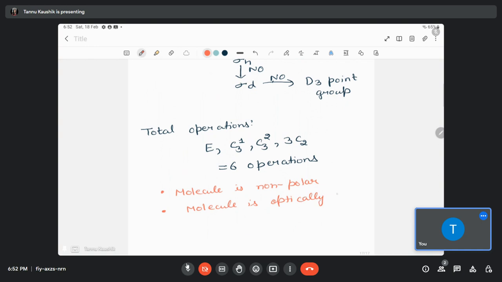The molecule is optically active since it has proper axes of rotation but not an improper axis of rotation.